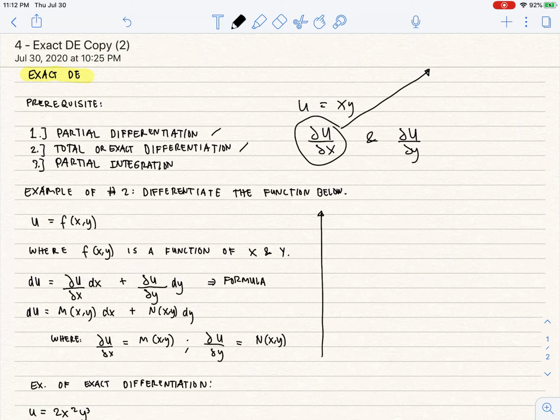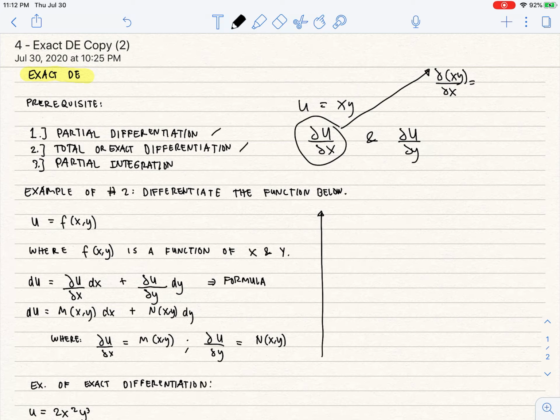So kani ang solution niya based on this given equation, atong i-differentiate ang xy with respect to x. So this means that any variable other than x will be considered as a constant.